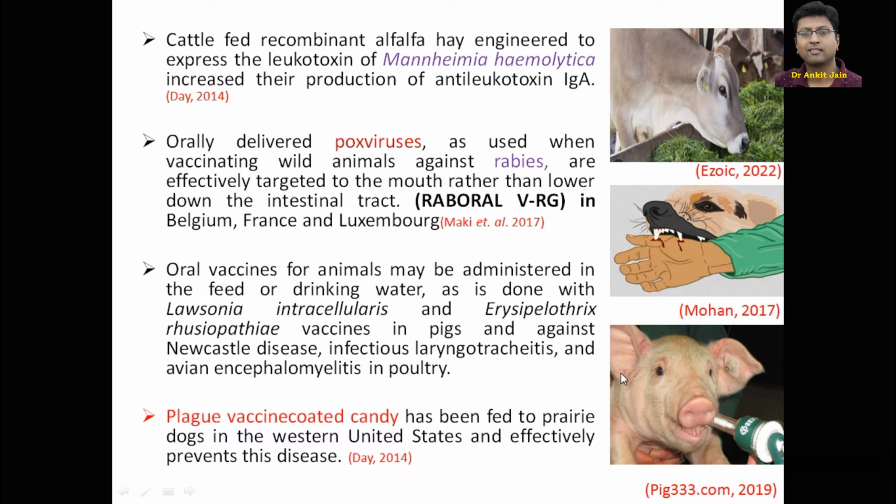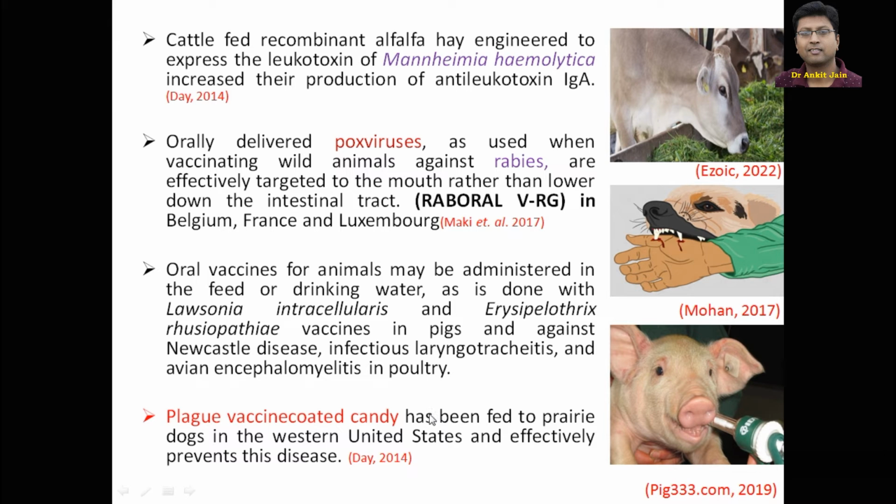In swine, the oral vaccine is given in the drinking water, against different pathogens like Lawsonia intracellularis and erysipelas, and in the pig. And in poultry, Newcastle disease virus, laryngotracheitis and avian encephalomyelitis virus.